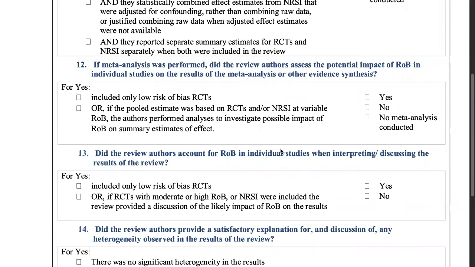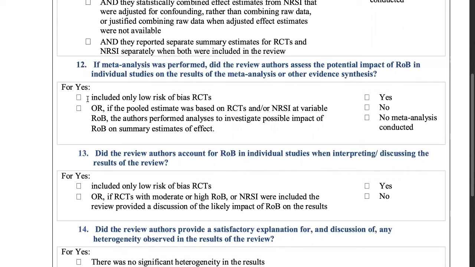Question number 12 is, if meta-analysis was performed, did the review authors assess the potential impact of risk of bias in individual studies on the results of the meta-analysis or other evidence synthesis? And we have two options for yes.